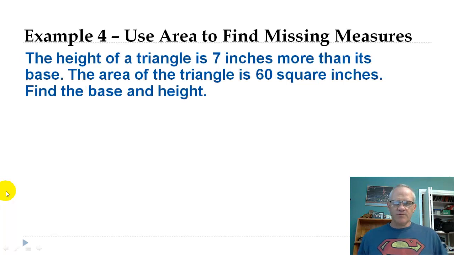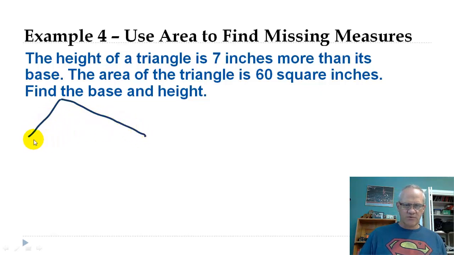All right, last one. We'll make this one a little fun and tough here. The height of a triangle is 7 inches more than its base. The area is 60 square inches. Find the base and height. Well, let's see what we got here. Let's just draw an example, back to the normal kind like we might see here. So here's our triangle, and here's going to be the height.